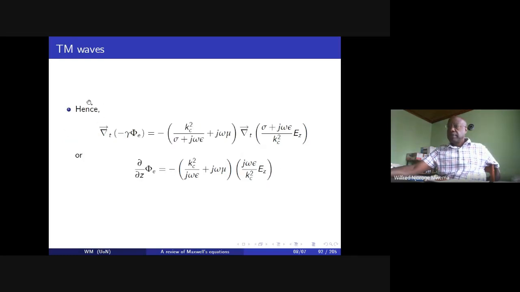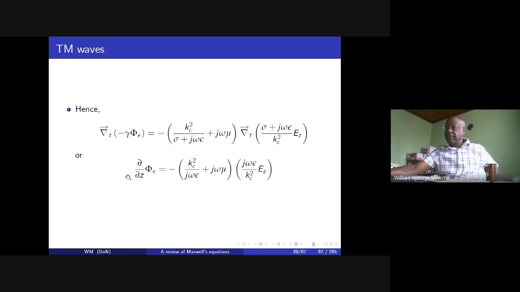Now, remember that E_t is minus gradient of phi_E. And therefore, since it's being multiplied by gamma, we'll put it as minus gamma phi_E in there and take its gradient. It will be perfect. And then we put the others as shown there. So in the end, we see that this gradient here and that gradient here can be dropped. And we know that minus gamma is the same as d/dz in our equations.